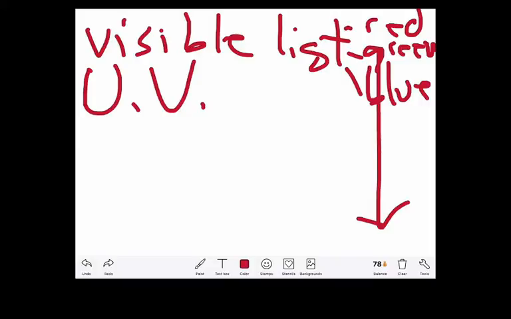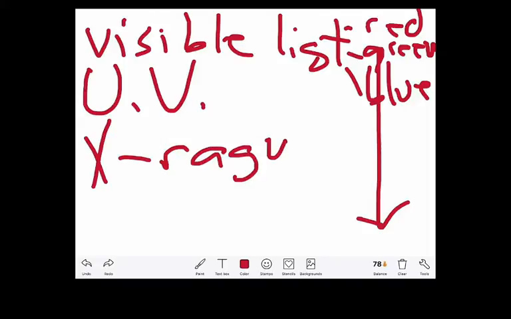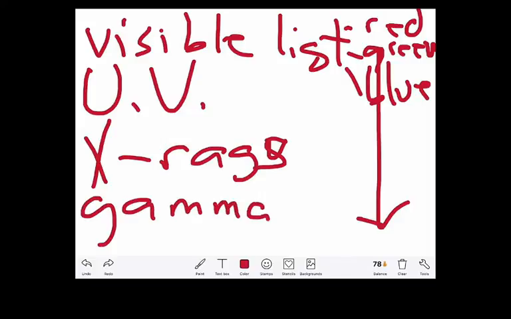Ultraviolet radiation is why you can't stay in the sun forever. You'll get sunburn. And then X-rays, even more energetic, followed by gamma rays, the shortest wavelengths of electromagnetic energy, and they are the most energetic.